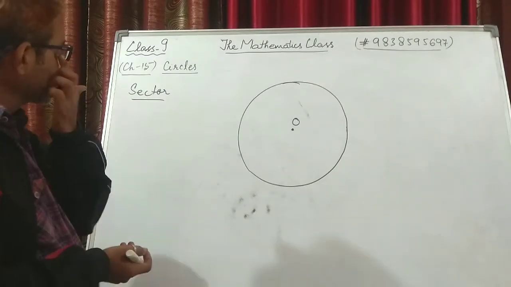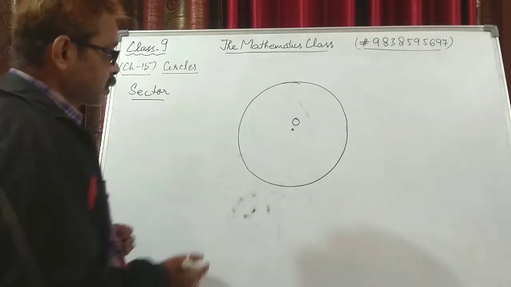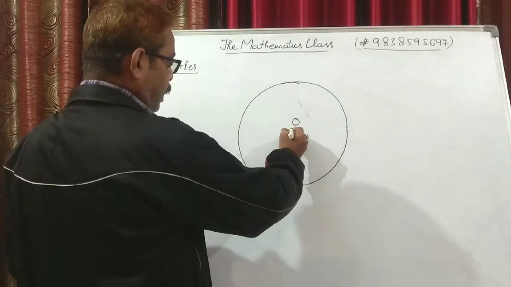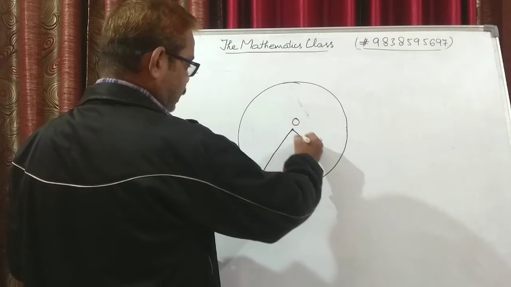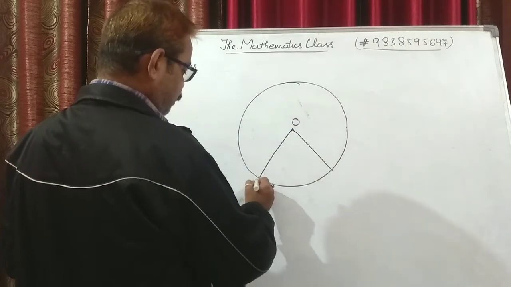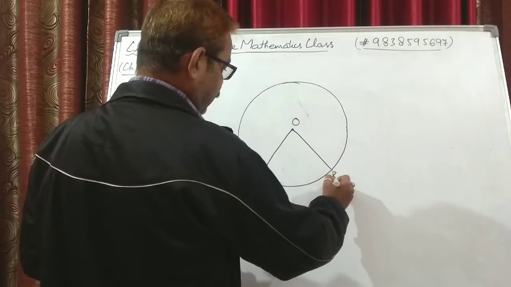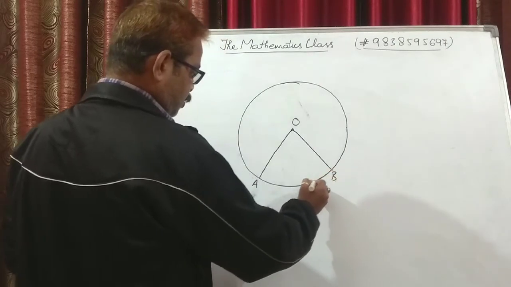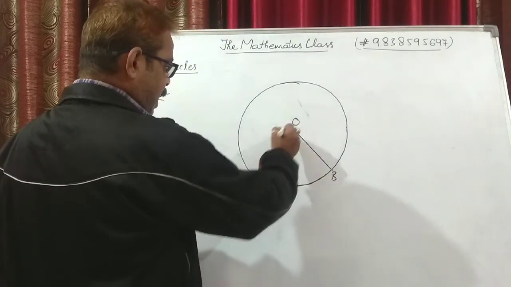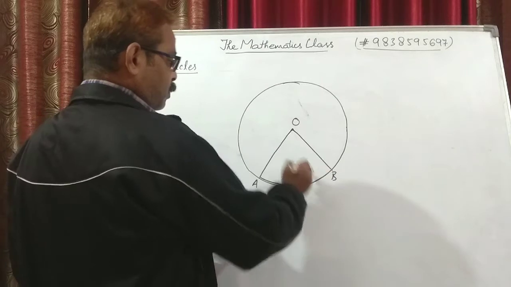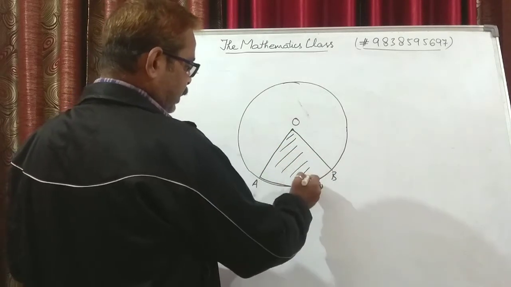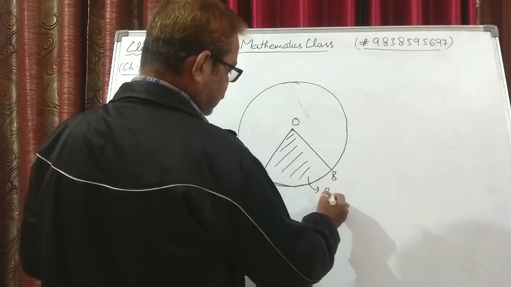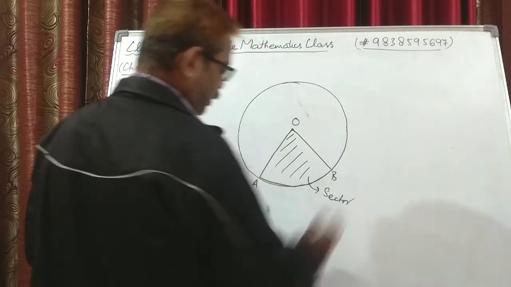Now next topic is sector. What is a sector of the circle? Suppose I say this is an arc AB. Arc means continuous piece of circle. So this arc and these two radii, whatever area they enclose, this area is known as sector of a circle.